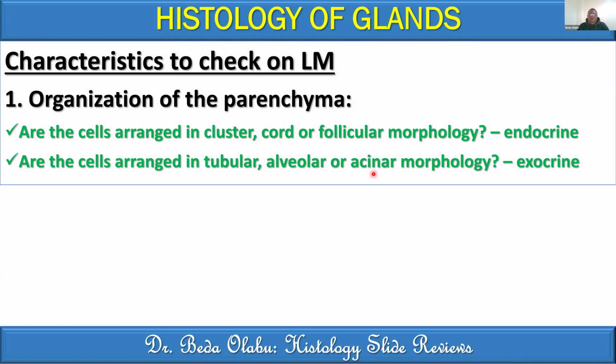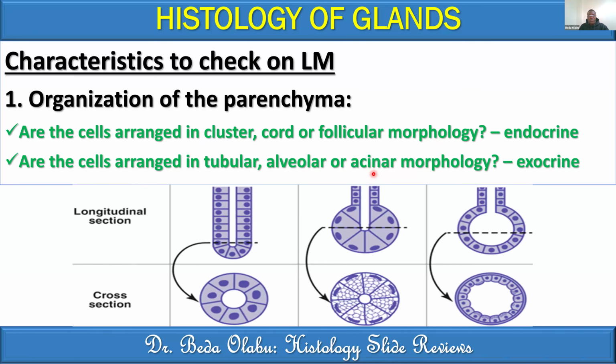And this is with reference to the secretory portion of the exocrine gland. We are not focusing much on the ductal portion. We are focusing on the secretory portion of this exocrine gland. Now, let me show you some images of what those mean.